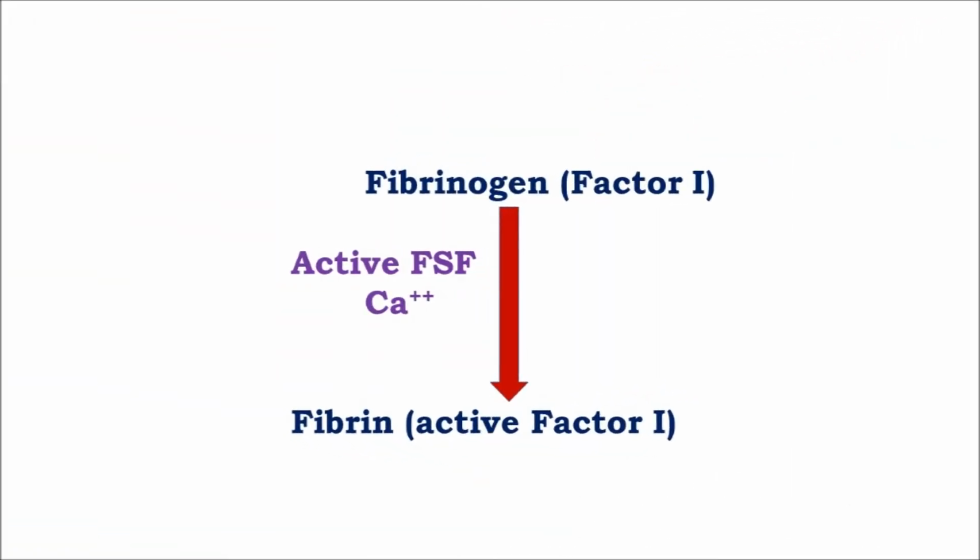Now, once fibrinogen is converted into fibrin, fibrin starts forming cross-linked polymer, cross-linked fibers.